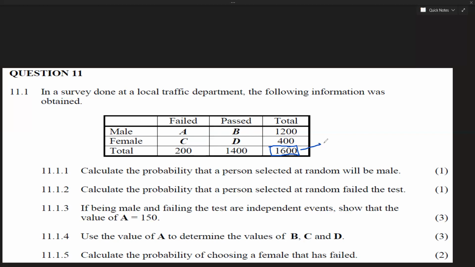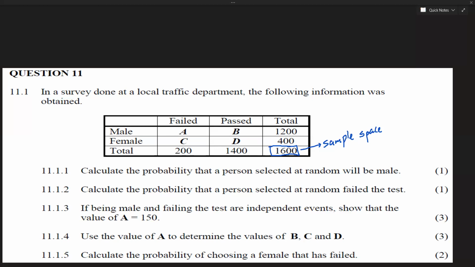This is the total sample space. So any probability that you're going to do, you are always going to say all over 1,600. This number at the corner is the total sample space. Awesome. So now let's calculate.